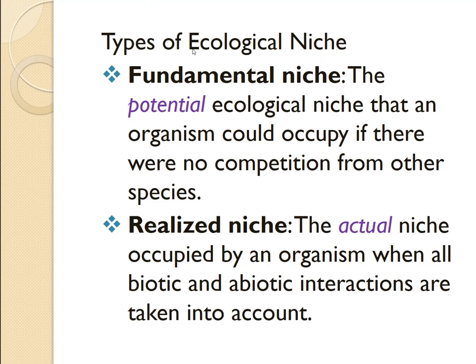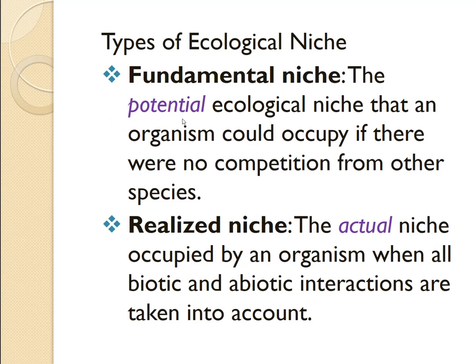So ecological niche is divided into two: fundamental niche and realized niche. Fundamental niche is the potential niche that can be occupied by an organism if there is no competition from other species. Meaning, what is the ability or potential of an organism in a habitat, or the role it can achieve in a habitat, in case there is no competition from other species. So that is fundamental niche.